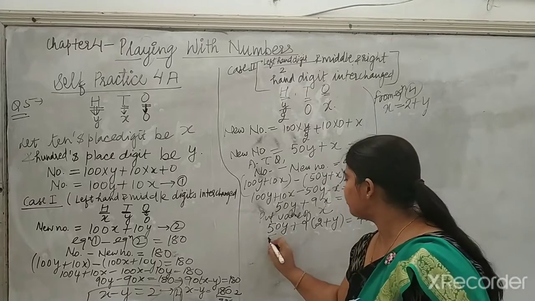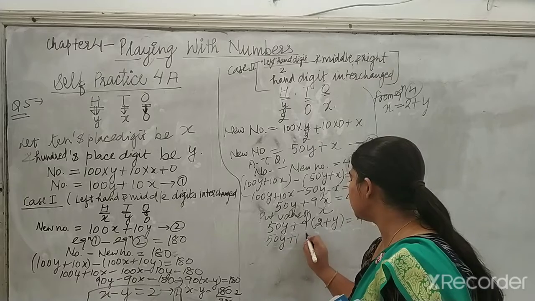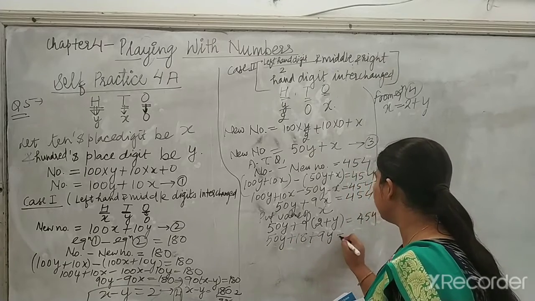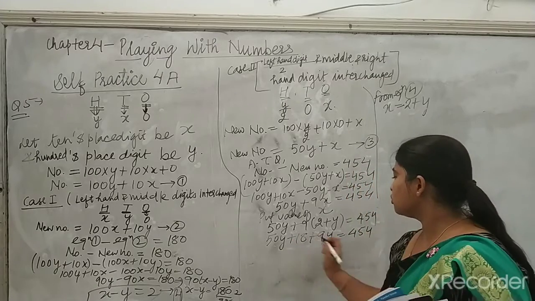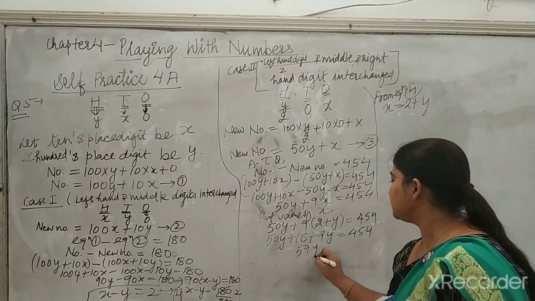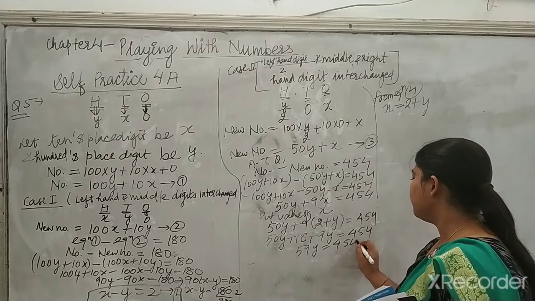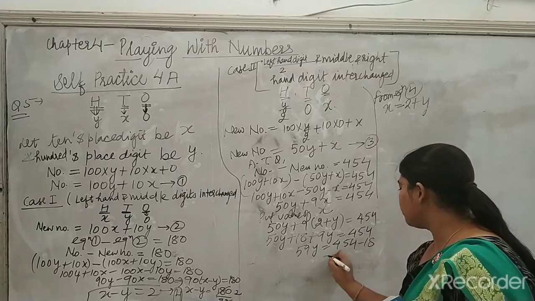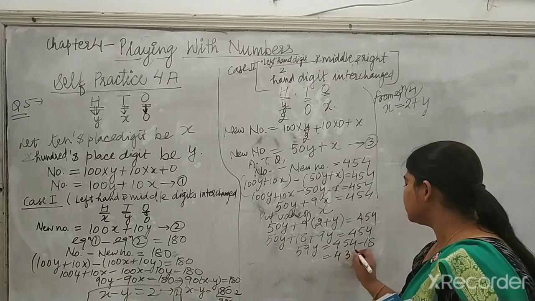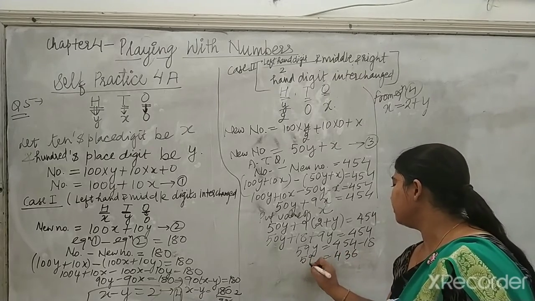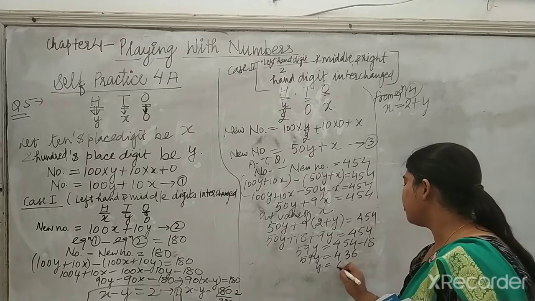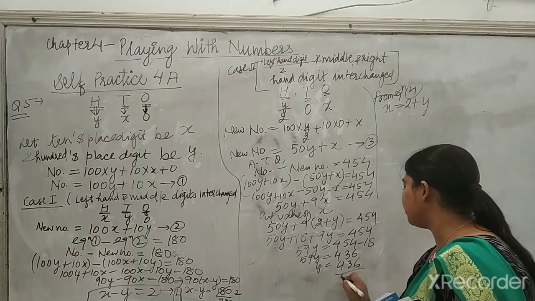Just solve it. 50y plus 18 plus 9y is equal to 454. So 59y is equal to 454 minus 18. So 454 minus 18 is 436, and this is 59y. So y will be 436 upon 59.